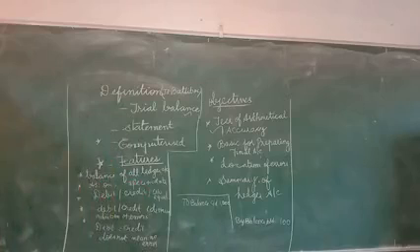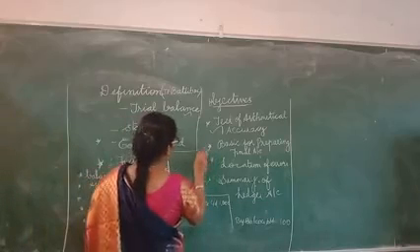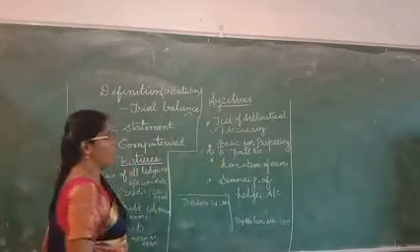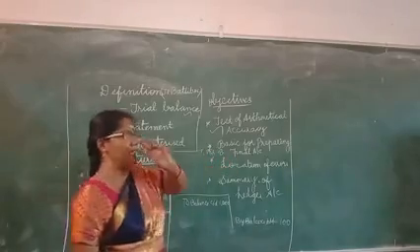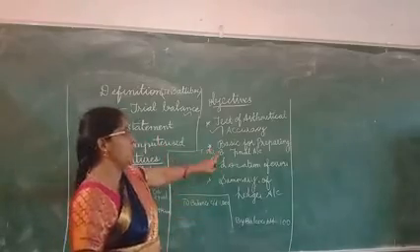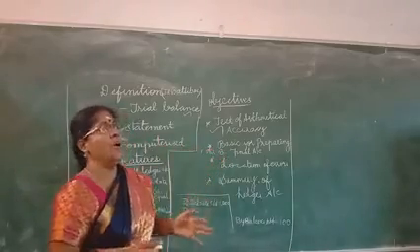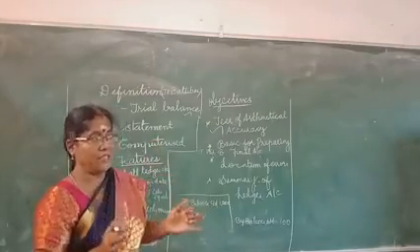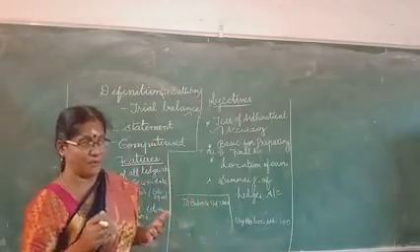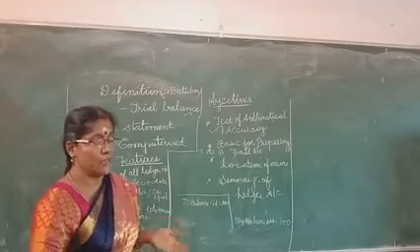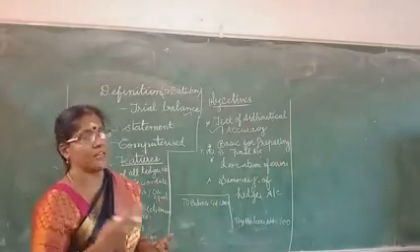So the financial statements, already I have told you what they are: trading, profit and loss account, and balance sheet. Because what is the balance sheet going to represent? It is going to reveal assets and liabilities.